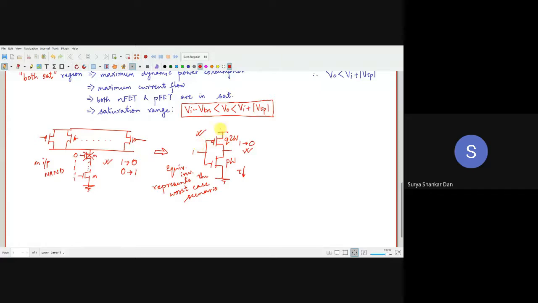Because if you are considering the worst case scenario of the circuit, you are going to look at the capacitance seen at the input of the equivalent inverter. So what is the capacitance seen, Cg? How much will this be? This is Q and P, right? It will become (2Q plus P) into W L Cox.